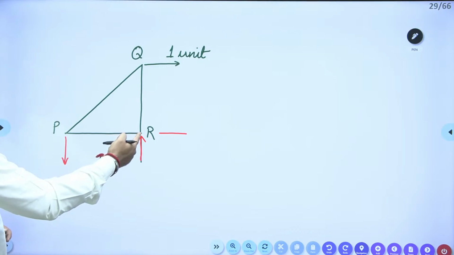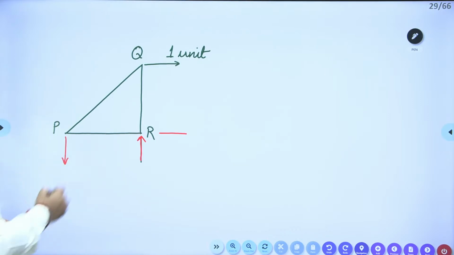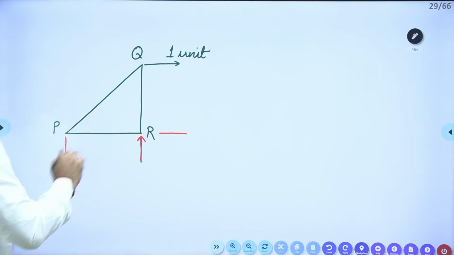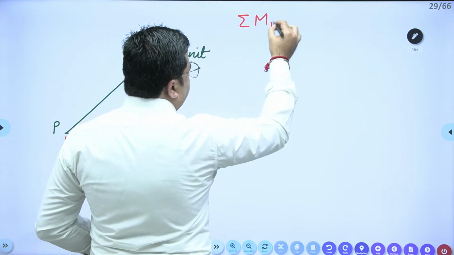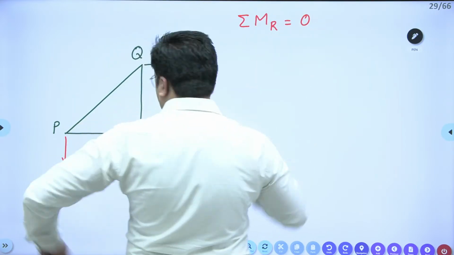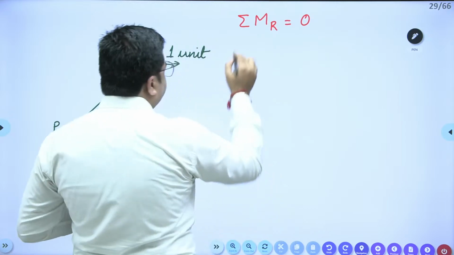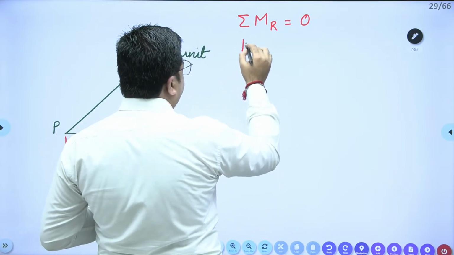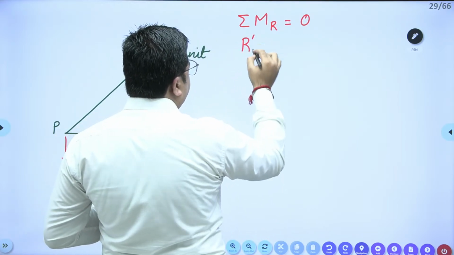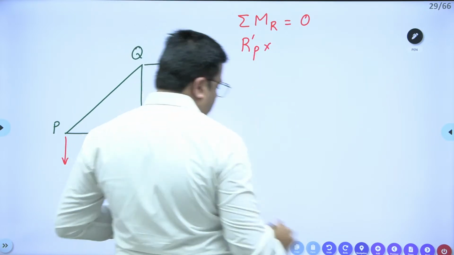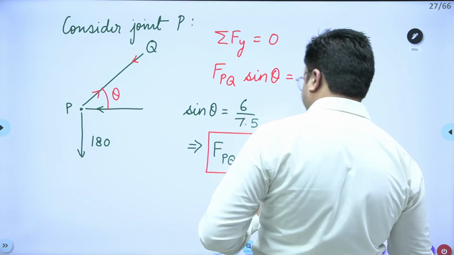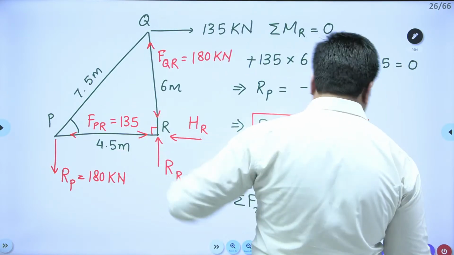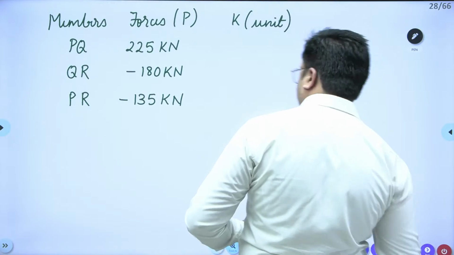Taking the moment about R to be 0, we can get the value of the vertical reaction at P. This is my Rp dash. The lengths are 4.5, 6 and 7.5.